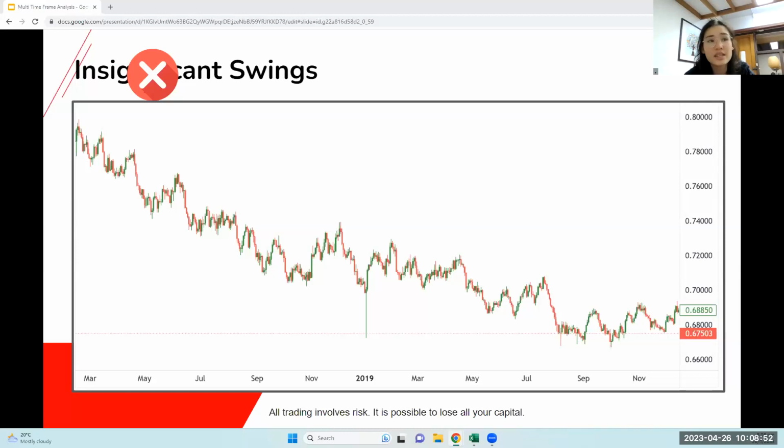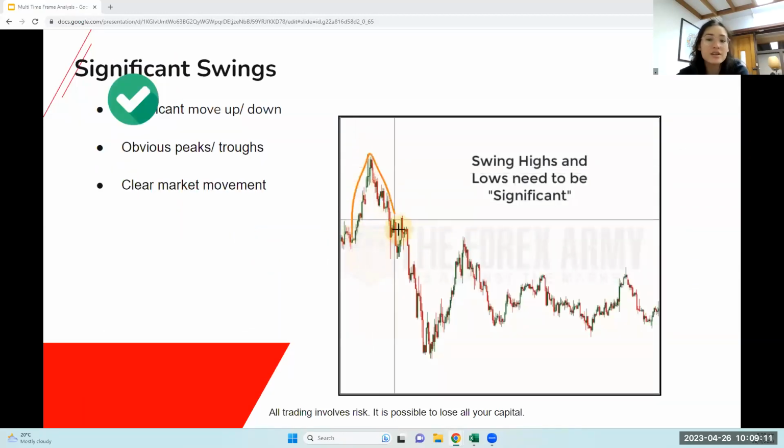Okay, so here's another example of an incorrect or rather insignificant swing. There aren't really any clear swing highs or swing lows, and price movement is considerably small. Okay, so here is a correct example of significant swings.